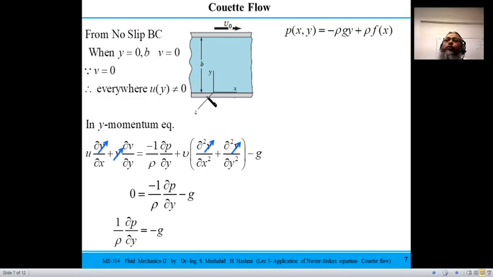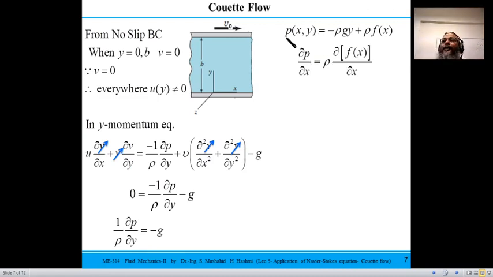As you know, it's a 2D problem, so pressure would be some function of x and y, and how it varies with y is given by this equation. If you integrate this, you get this, because rho g is the multiplier, and the constant would be some function of x, because pressure is a function of y.